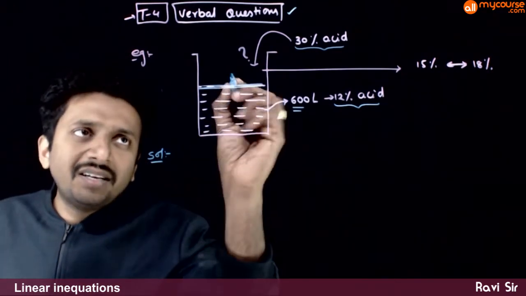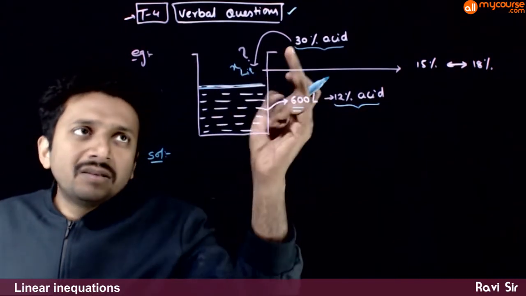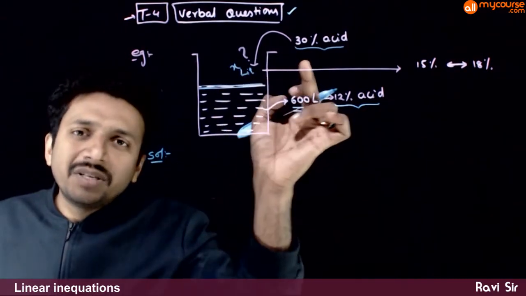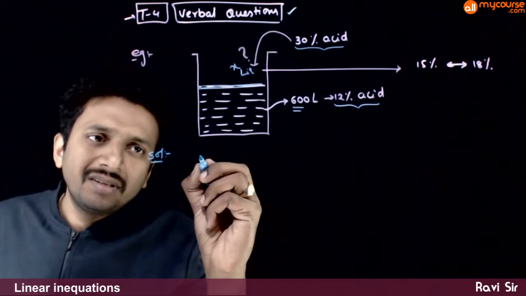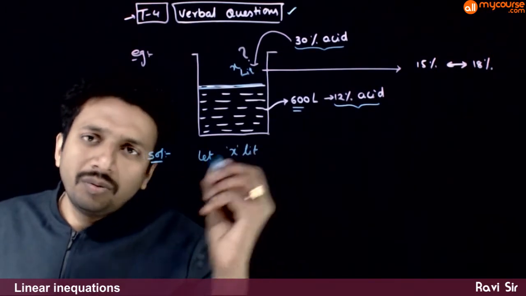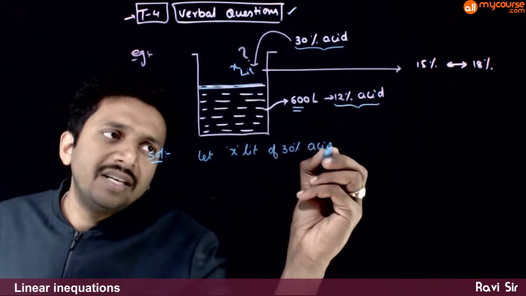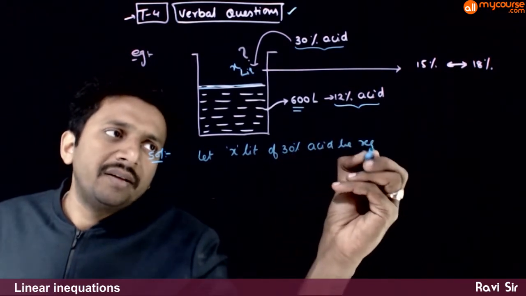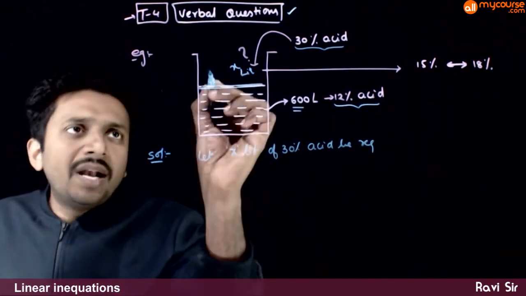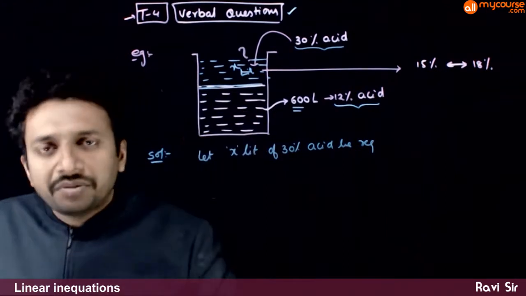So first let us say that let x liters of 30% acid be added. So let x liters, which I don't know, of 30% acid be required.